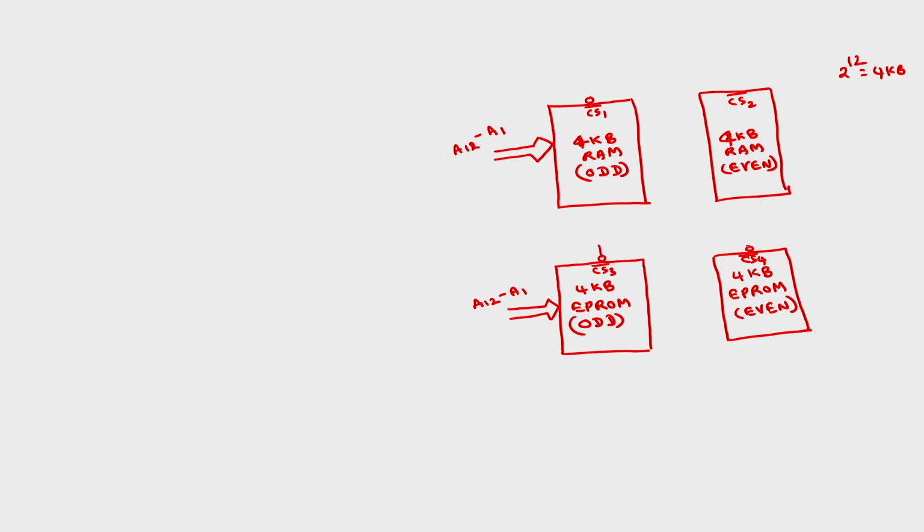To determine these values, we will use A0 and BHE bar, bus high enable bar, to obtain the chip selects.